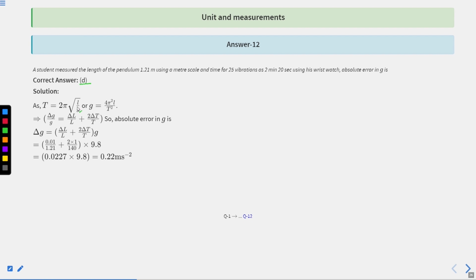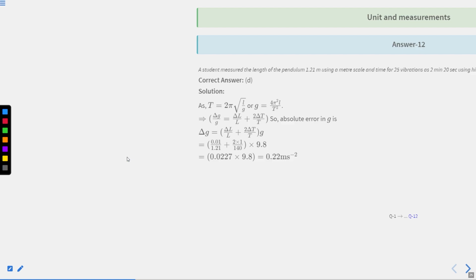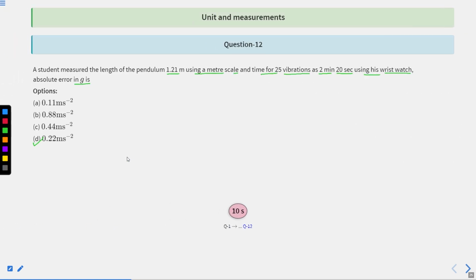Putting all the values in the formula, g equal to 4 pi square L by T square. Delta g by g equals delta L by L plus 2 delta T by T. So the absolute error in g is this. Putting the values and multiplying by 9.8, it becomes 0.02 meter per second square. Clear? So D option is correct.